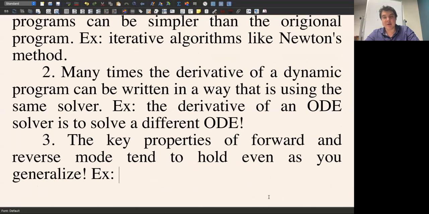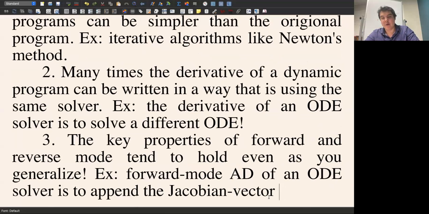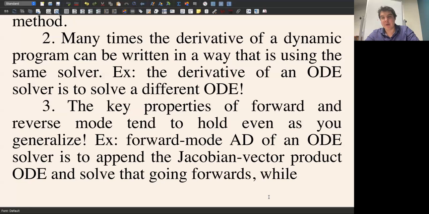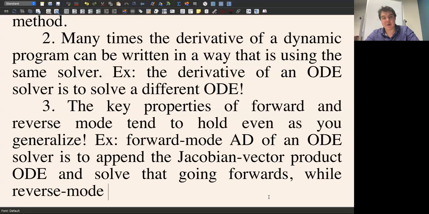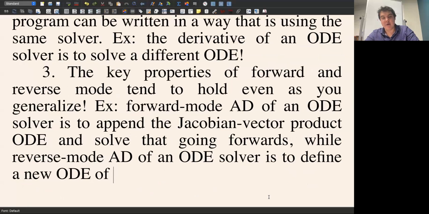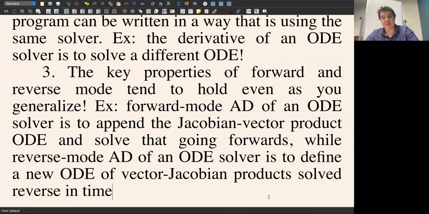The example is, forward mode AD of an ODE solver is to append the Jacobian vector product ODE and solve that going forwards, while reverse mode AD of an ODE solver is to define a new ODE of vector Jacobian products solved reverse in time, right?